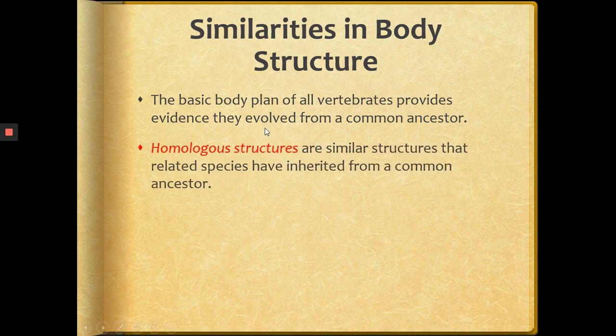Again, we're talking about a long time ago. Like I just mentioned, homologous structures, and we're over on page 360 right now. Similar structures that related species have inherited from a common ancestor.